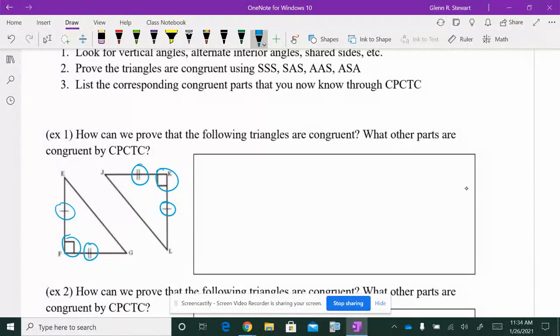Therefore, we can name them triangle LKJ is congruent to triangle EFG by side, angle, side.